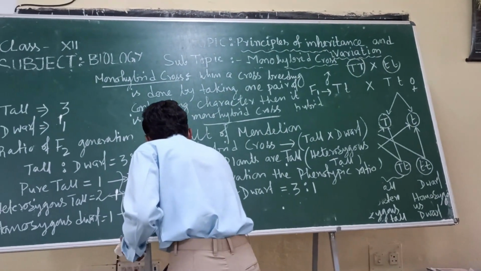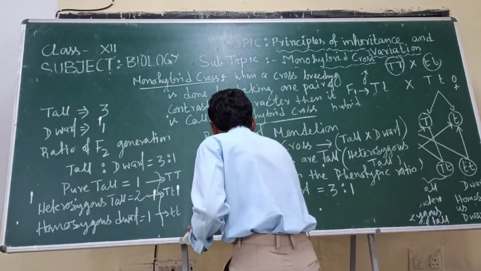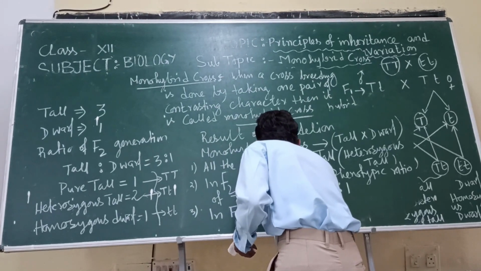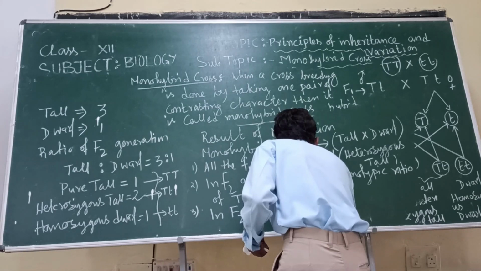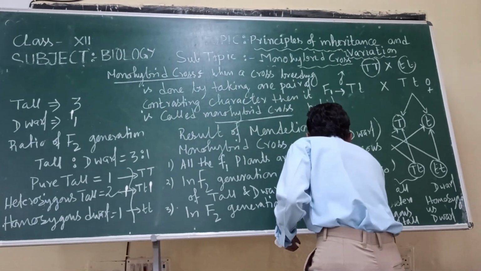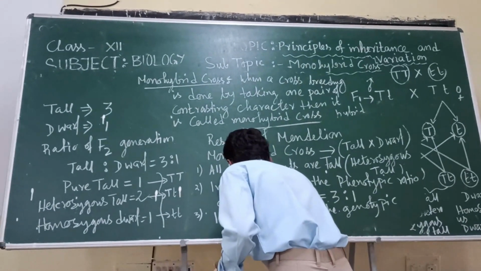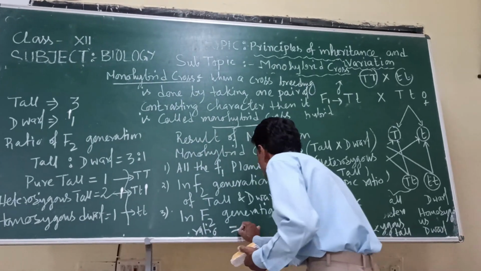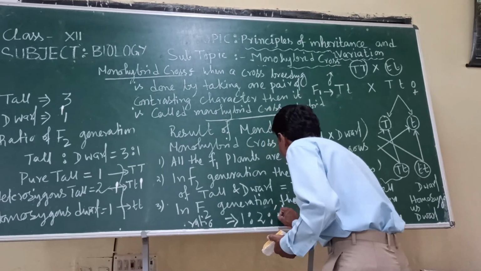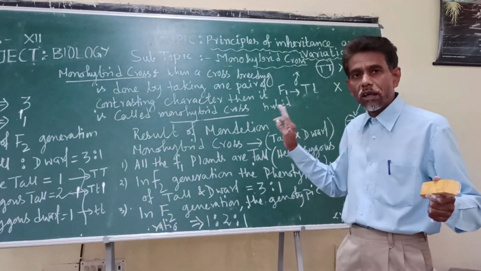Third, in the F2 generation, the genotypic ratio is equal to 1:2:1. Is that very clear to you? I suppose you got a very clear concept.